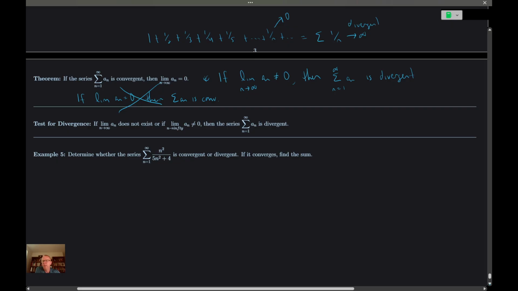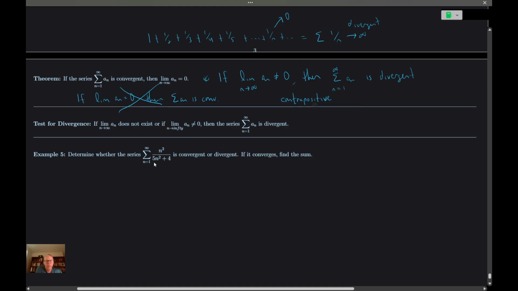So that is the classic example of a series where the terms go to 0, but the series is actually divergent. So the reverse statement is not true, but you can always negate the two parts of the if-then and reverse the order. That's called the contrapositive, and the contrapositive of a statement always has the same truth value as the original statement.